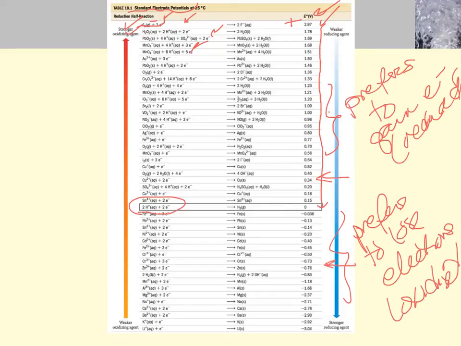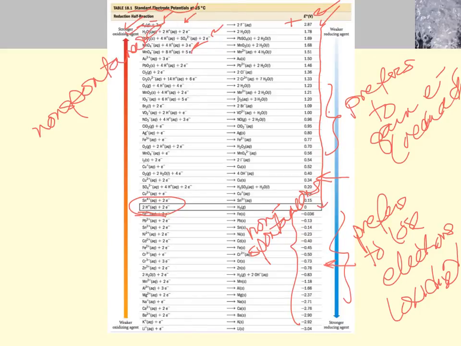Because when written in reduction form, which is what these are, all of the electromotive forces are negative. Negative values mean non-spontaneous. This is true for any reaction: if it's non-spontaneous in one direction, the other direction is spontaneous. So if a reaction written as a reduction is non-spontaneous, you flip it to be an oxidation, and that will be spontaneous.